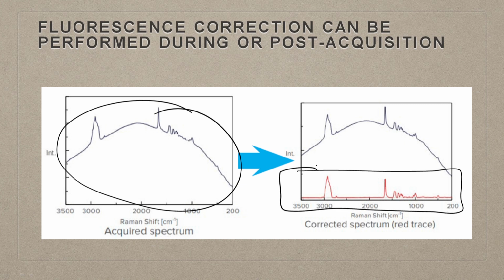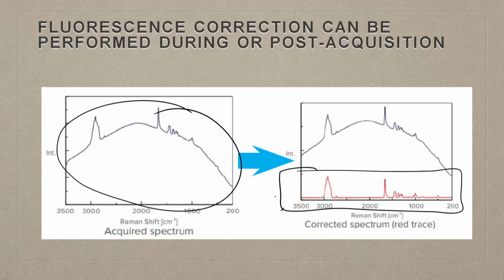This is how you report a Raman spectra, which will tell you what kind of functional groups are present there, and what kind of molecules are moving on the surface, or vibrating on the surface. So this is what the spectra looks like once you clean it up completely.